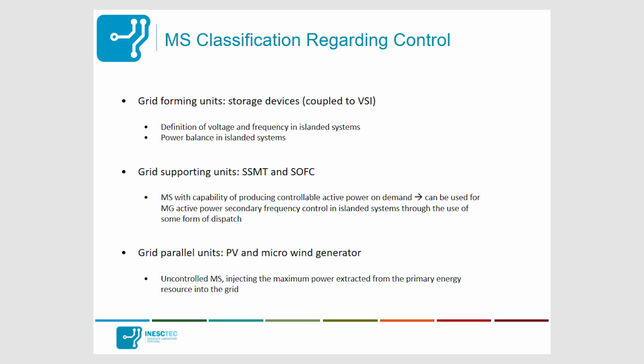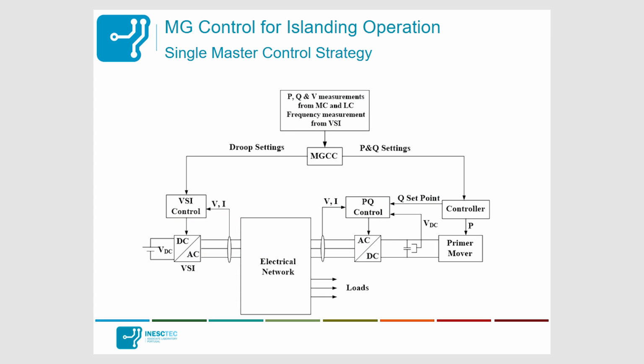And then we have the so-called grid parallel units, which have no big control capabilities, for instance PV and micro wind generators. They just produce and inject what they produce into the grid.